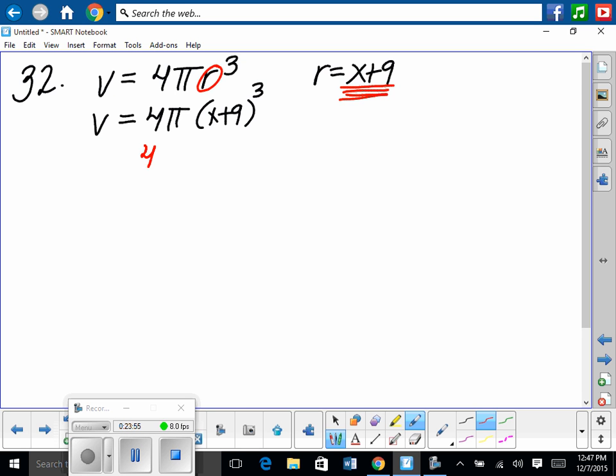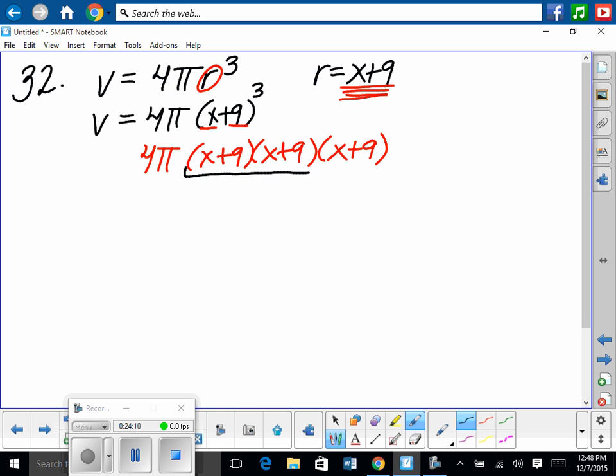Now from there, I'm going to write this as 4/3 pi times x plus 9 times x plus 9 times x plus 9. Because we know it'd be breaking the forbidden rule to just think we could cube this. So then from there, the best way to do this is to actually multiply 2 of them together first. So I'm going to just ignore this for a minute, ignore this for a minute, and I'm going to focus on this piece and distribute that term.